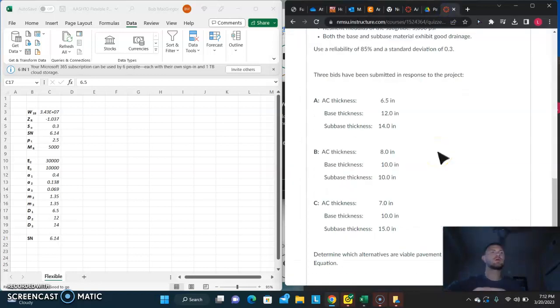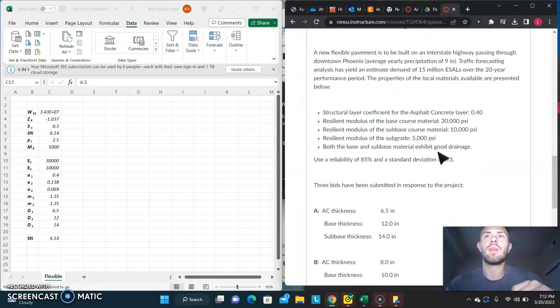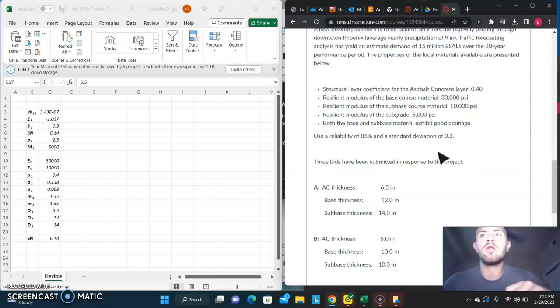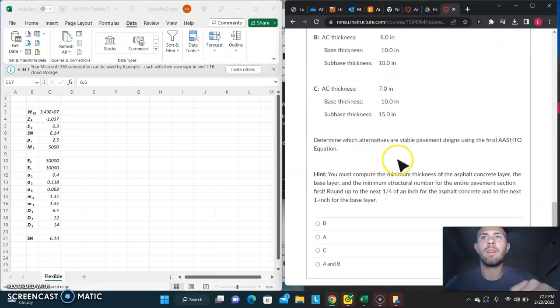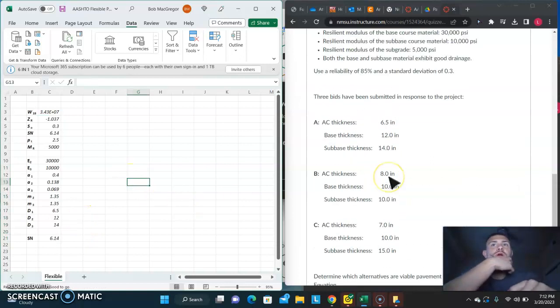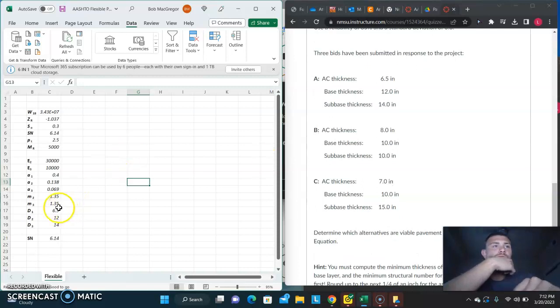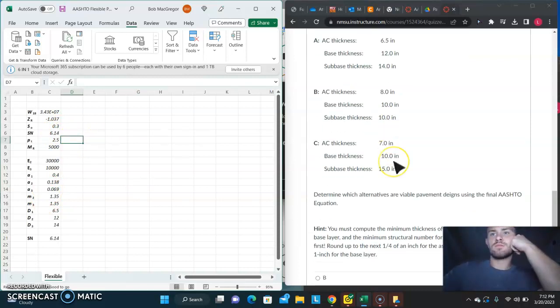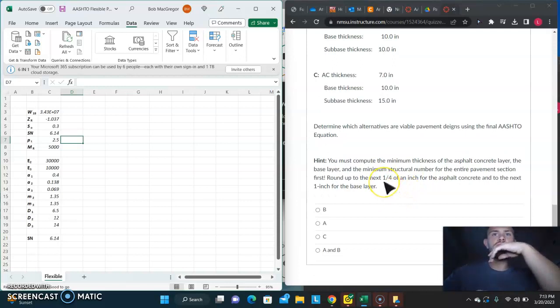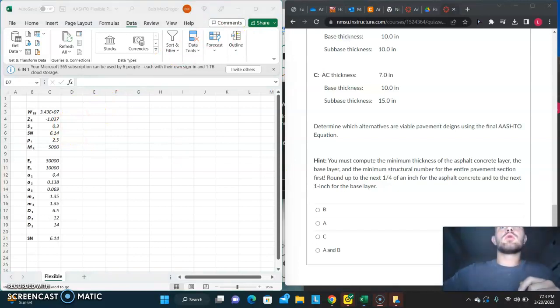So I don't see, I mean, it seems like all of them work based off what I've set up here, unless I set it up wrong. Well, oops. I can find the minimum.